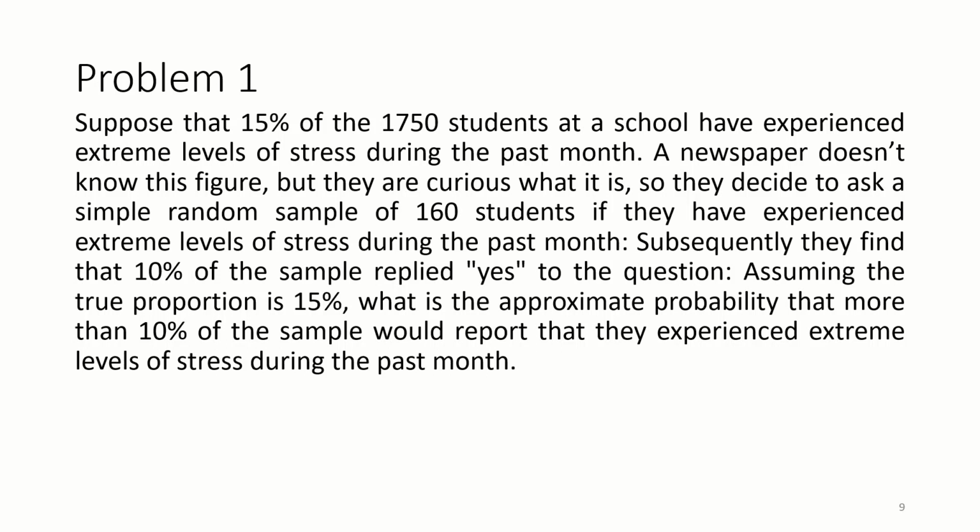Okay, then we will solve the question. It is written that we have to assume that 15% is the true proportion. So you can take nu as 0.15, because in 100 students approximately 15 of them are stressed.